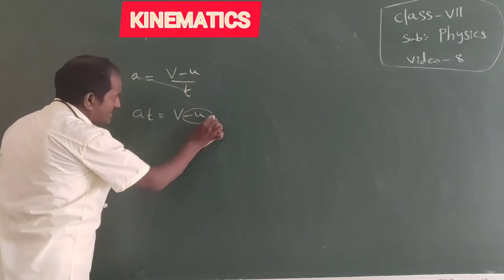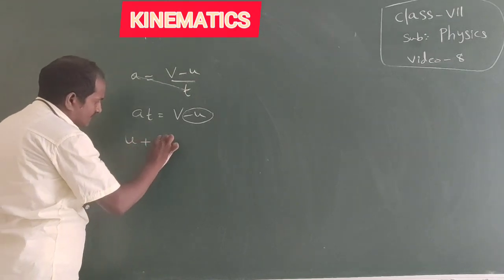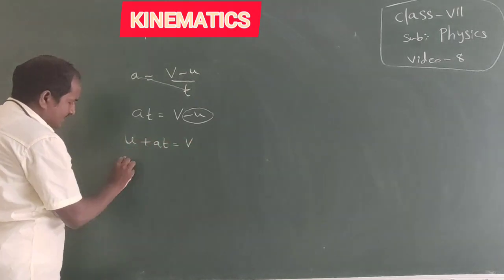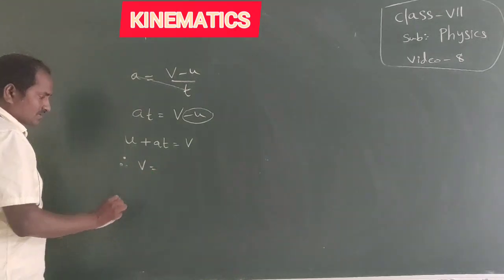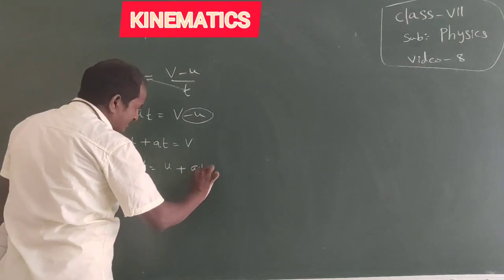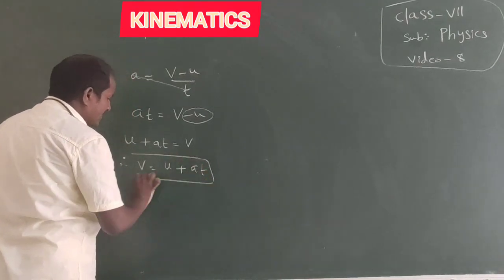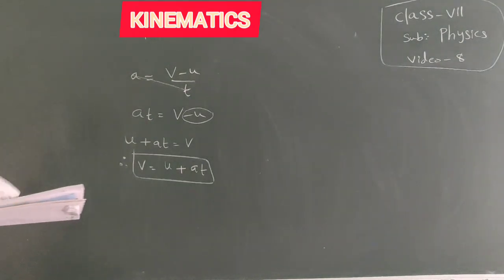Minus u comes to this side as plus, so u plus at equal to v. Therefore the final velocity formula is v equal to u plus at, initial velocity plus acceleration into time.